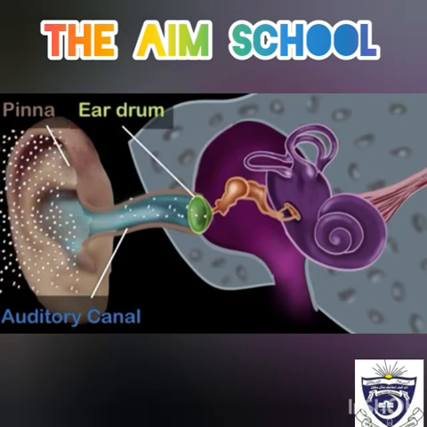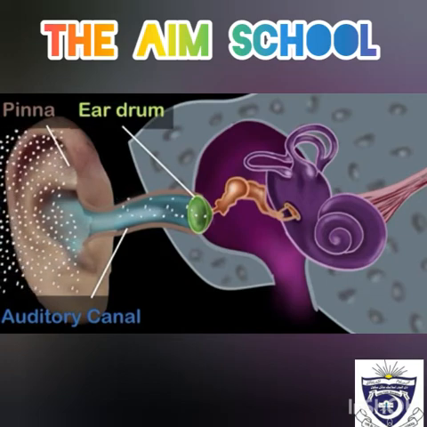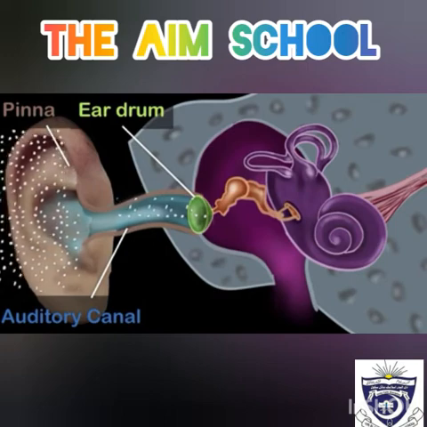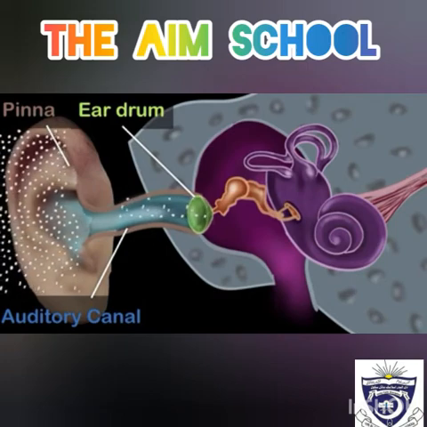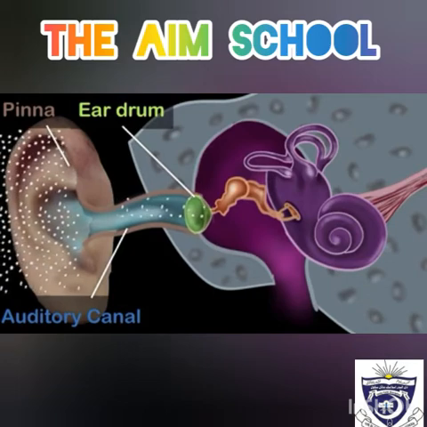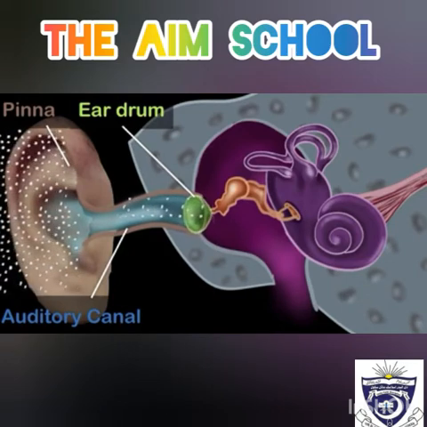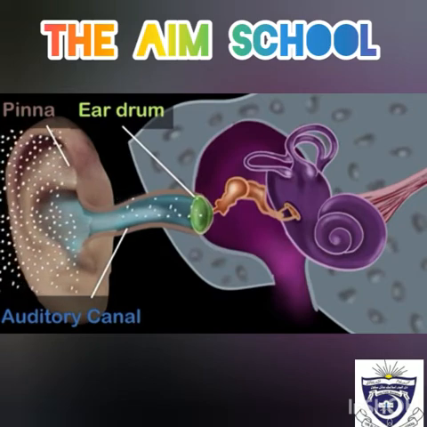The eardrum is a transparent membrane which is super sensitive to the vibrations of the air. So as the air vibrates, even the eardrum starts vibrating, just like the skin of a drum. And as you can see, the eardrum also separates the outer ear from the middle ear.